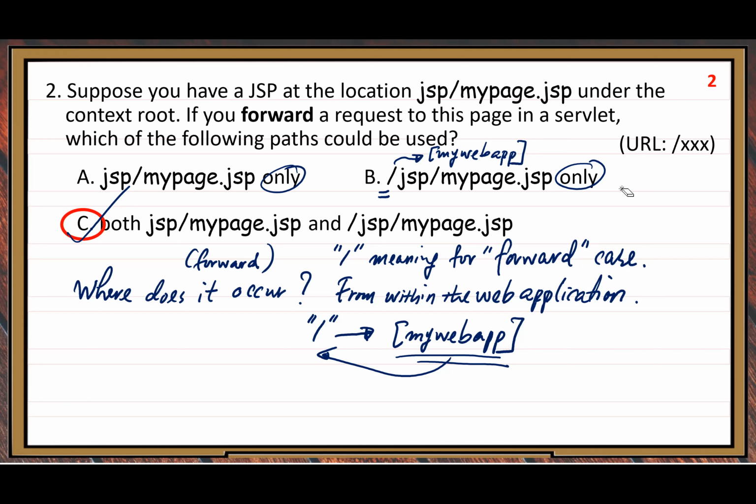But for a relative URL, it has nothing to do with the root, because you never start from the root. You start from the current location. With that understanding, and if you have a Unix background, all questions like these two examples should not be hard for you.